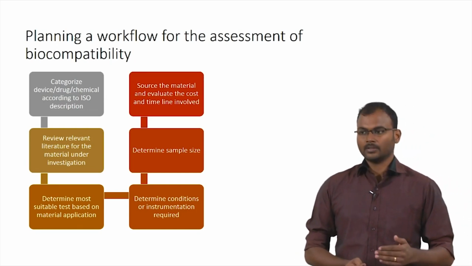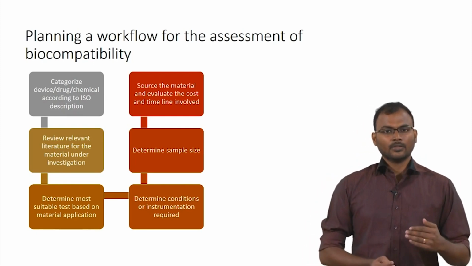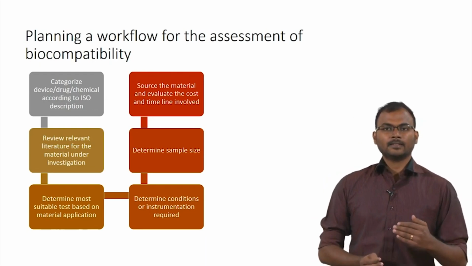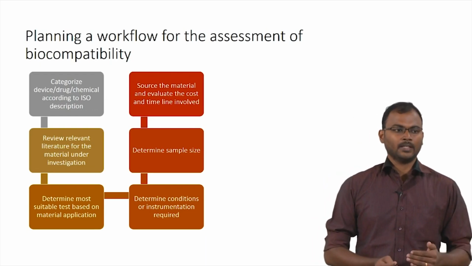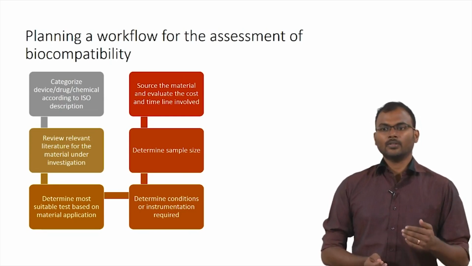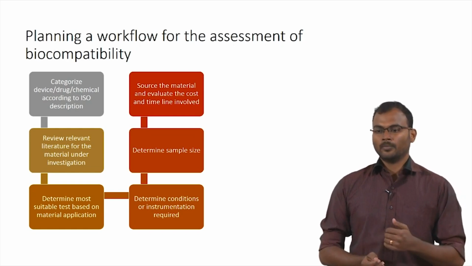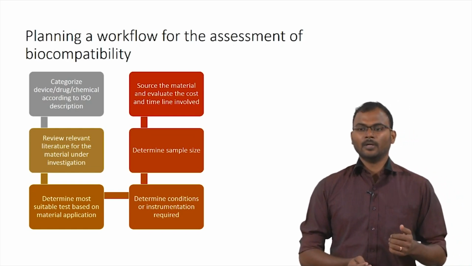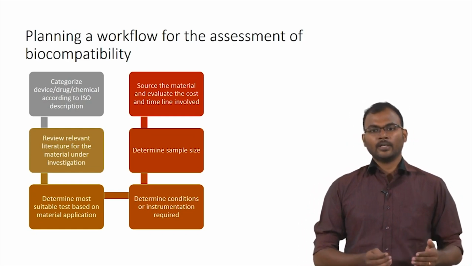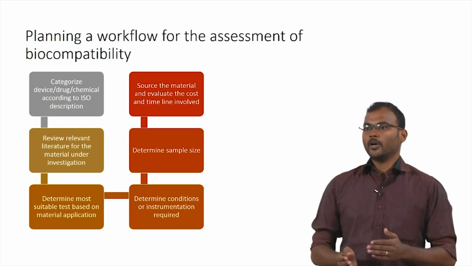Then the sample size. Based on the sample size, the cytotoxicity also varies. There are certain guidelines given by ISO, for example if you are using nanoparticles, on how much amount of nanoparticles you can use for how many cells available. Because when you take it to in vivo studies, you will consider the body mass ratio.